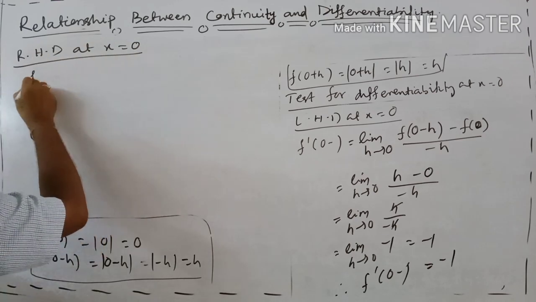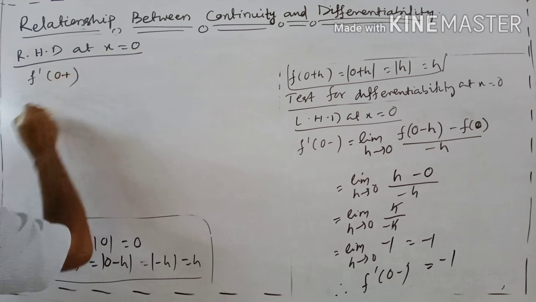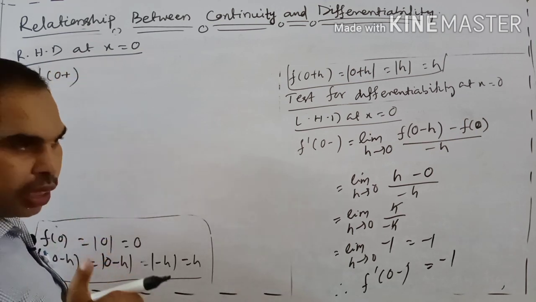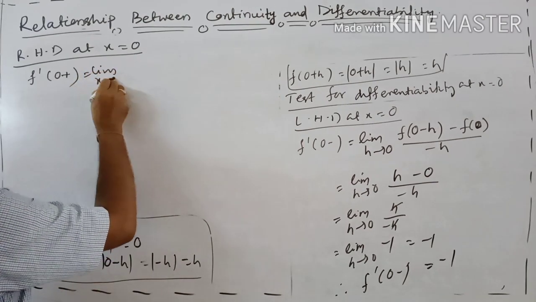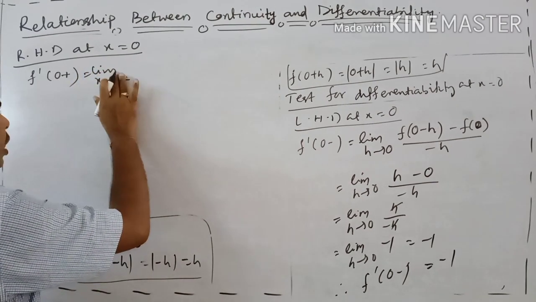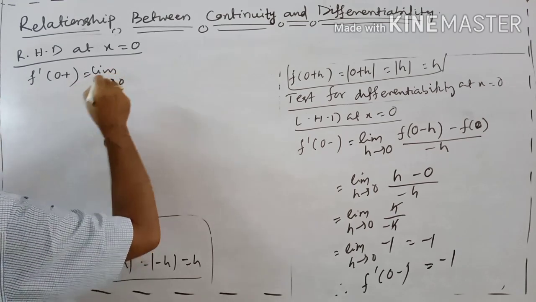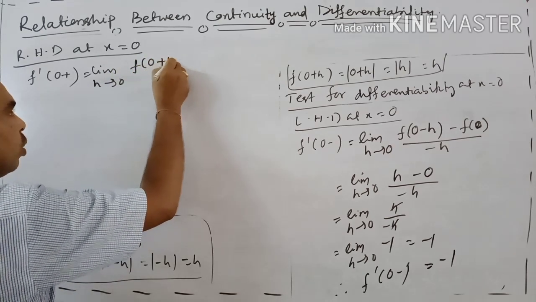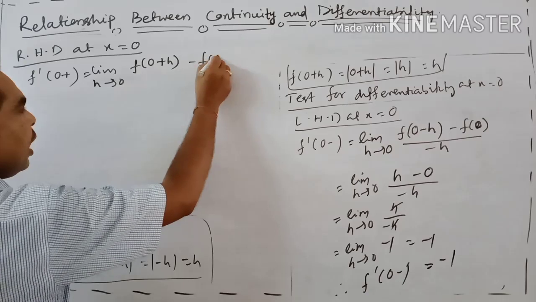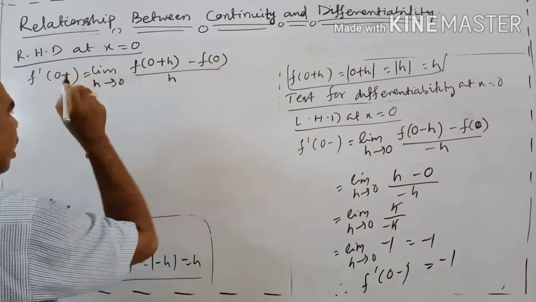RHD means f dash a plus. A means here 0, so 0 plus. What is the formula? Limit h tends to 0 of f of a plus h minus f of a, divided by plus h.